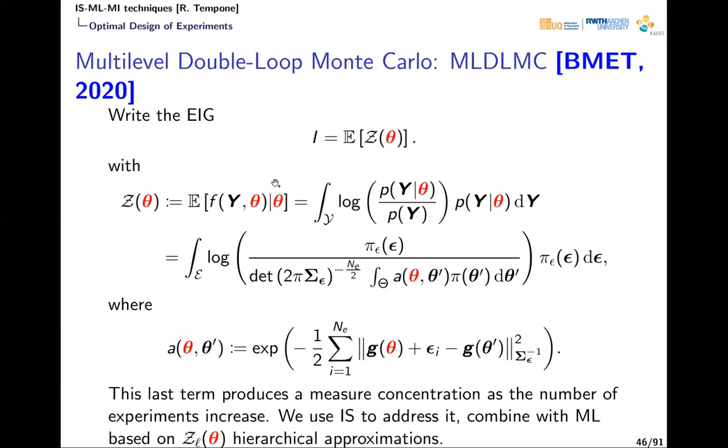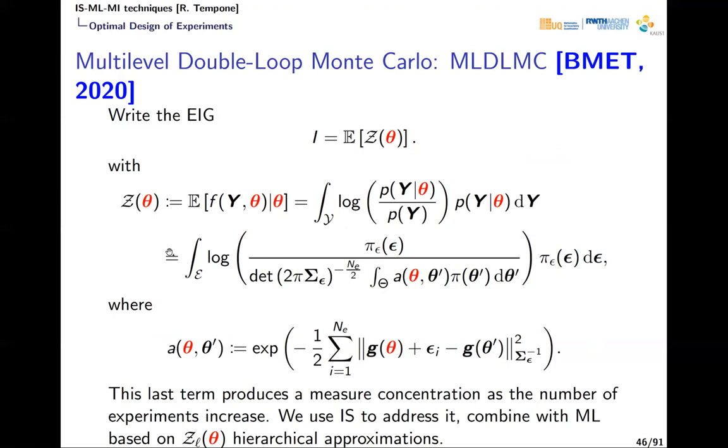So how do we formalize this? Well, we can again rewrite our information gain, and we are not moving the design parameter here, so we take it out from the notation. We write here an expectation of this Z of theta. This Z of theta itself is an integral, and it contains in this p_y another integral as well.